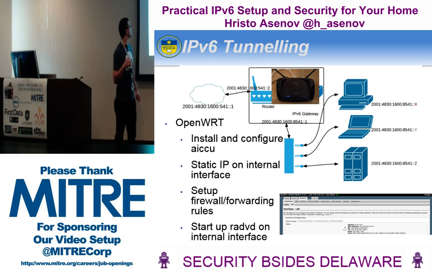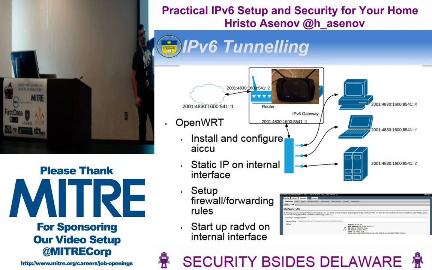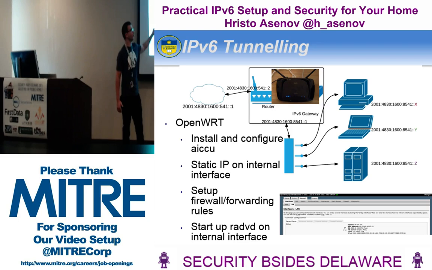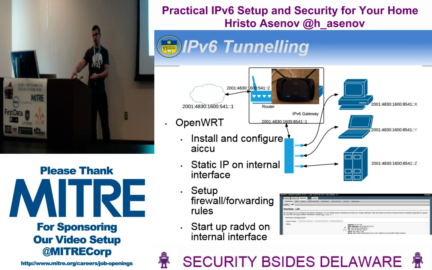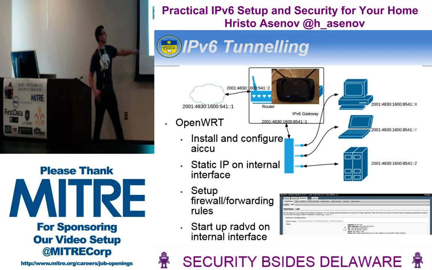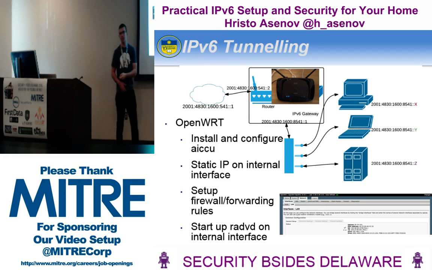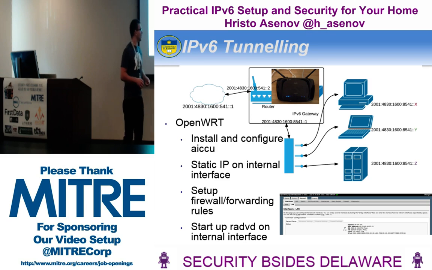And so this address, A541:1, you need to statically assign that, both in this scenario and in the past scenario. You need to actually manually assign this address. And you need to set up forwarding in your gateway and set up the appropriate firewall rules for v6 forwarding.